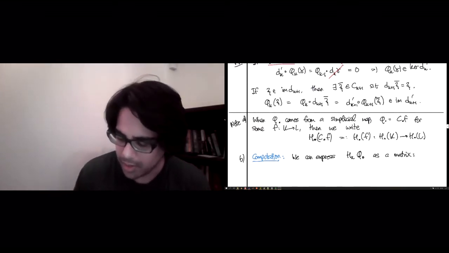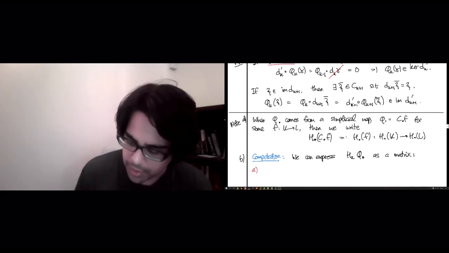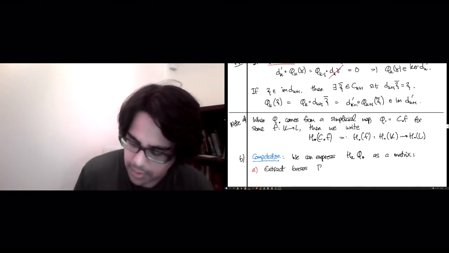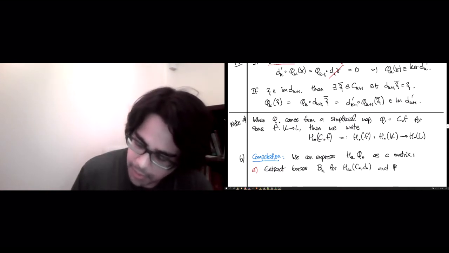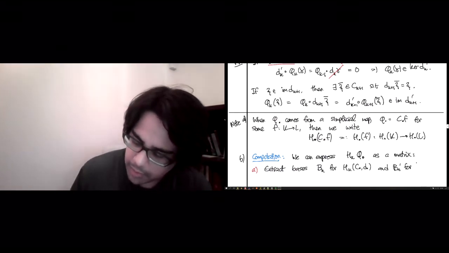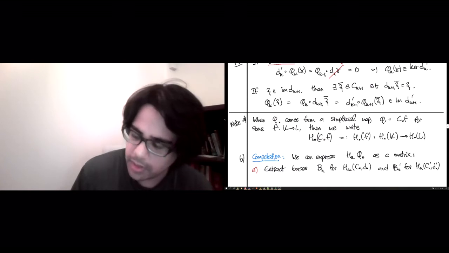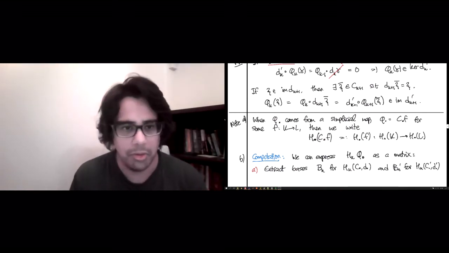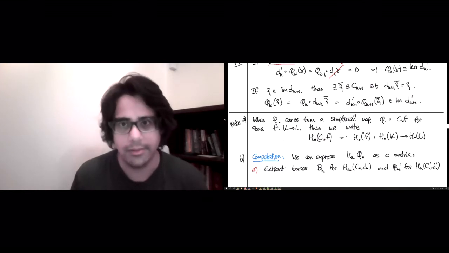This would require 3 steps. The first one is to get bases, so basis vectors B_k for the kth homology of C, and B_k prime for the kth homology of C prime. And you can get these basis vectors by using the Smith normal form, as was discussed in week 3's lectures.